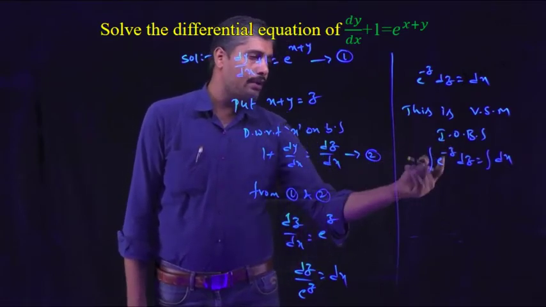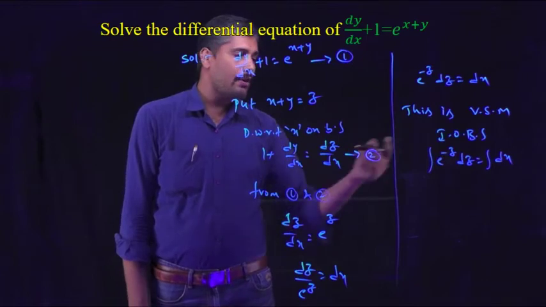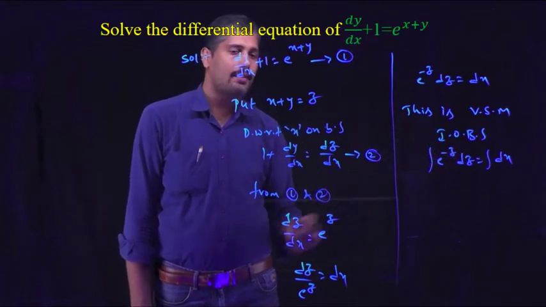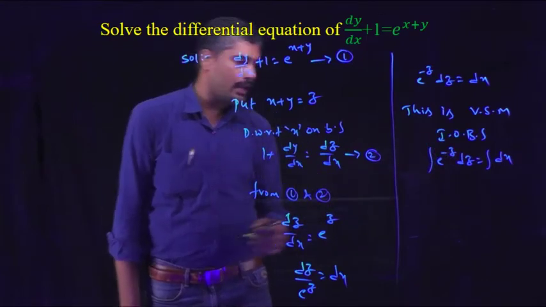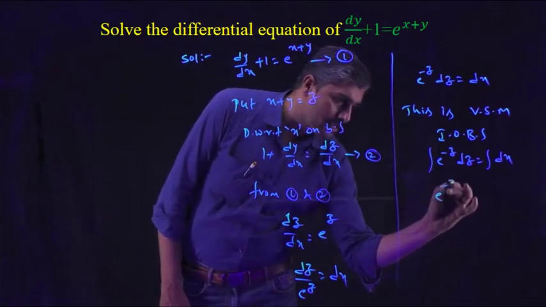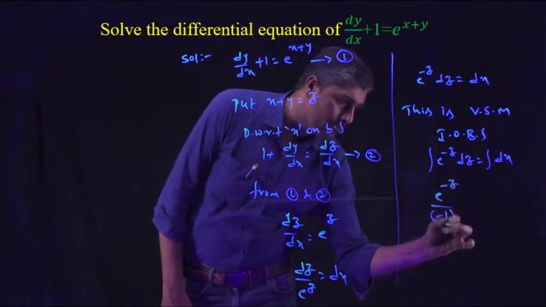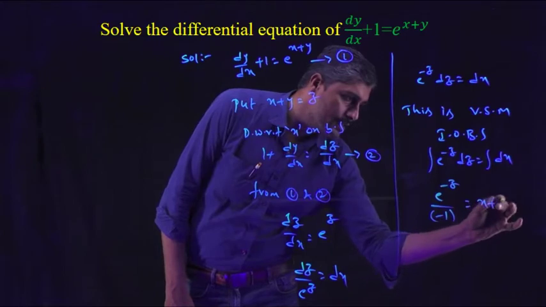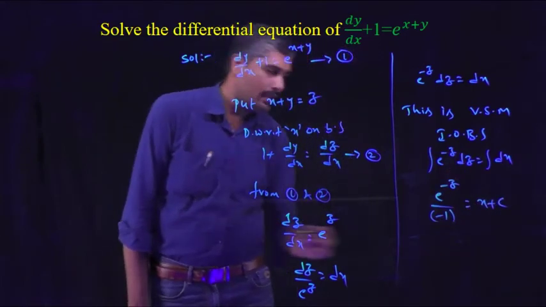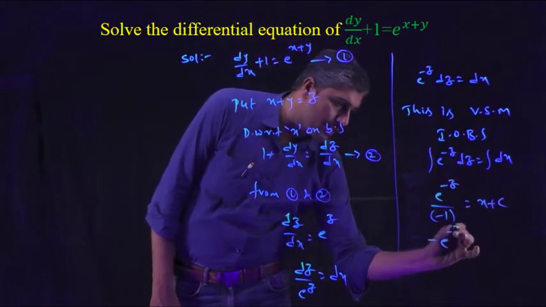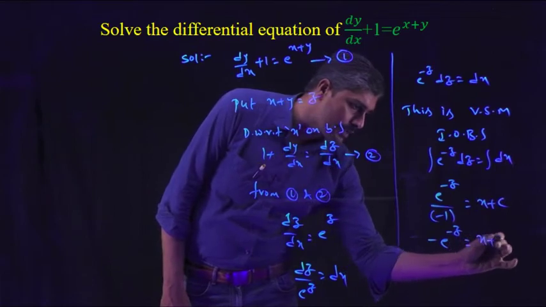Suppose e power ax is there. e power ax, here x coefficient is a, we take denominator, right? That equal to e power minus z by minus 1 equal to x plus c, some arbitrary constant, right? Minus e power minus z equal to x plus c.